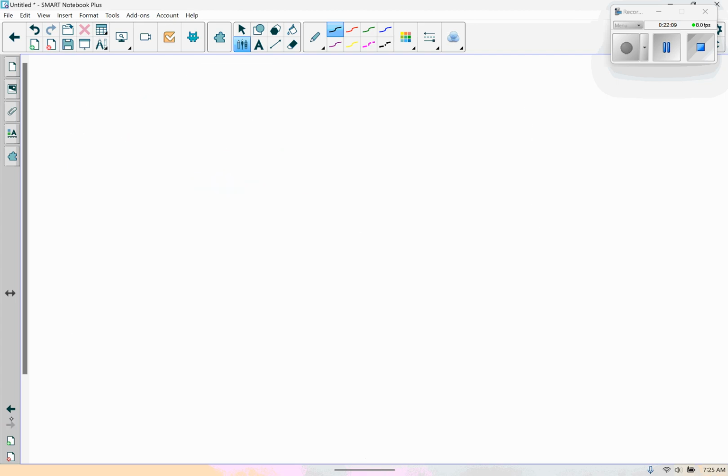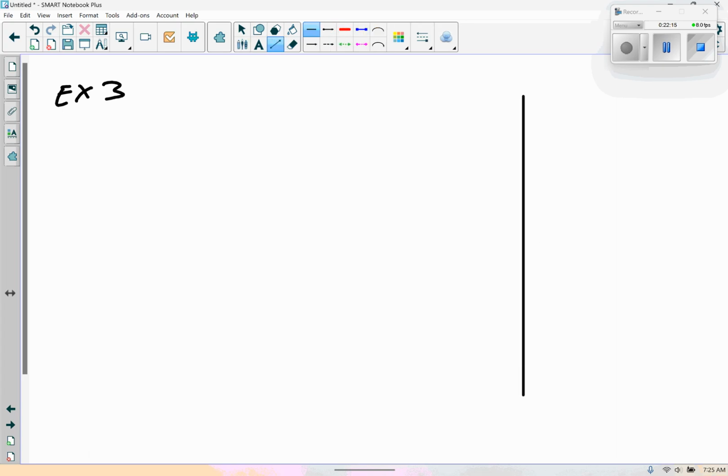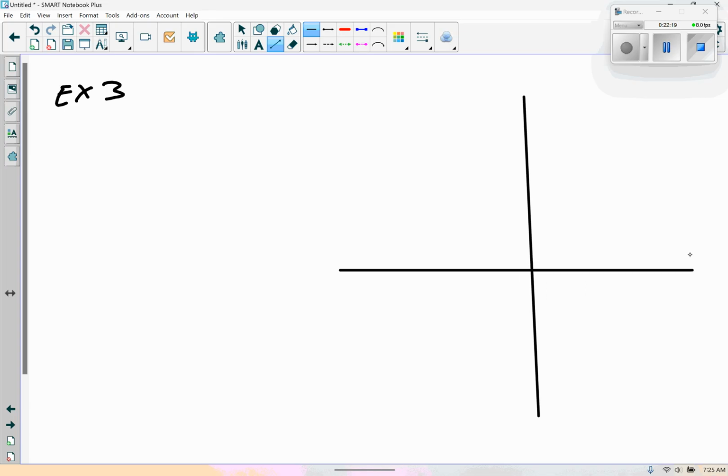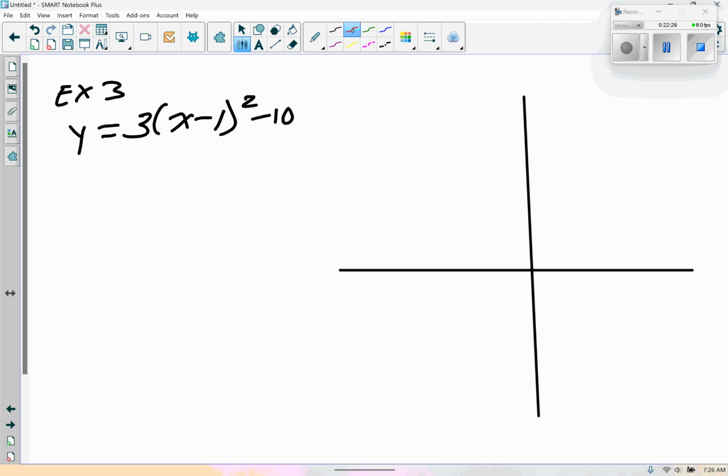Let's take a look at example 3. So we have y equals 3 (x minus 1) squared minus 10. My vertex is going to be opposite of this. So 1, same as this, -10.